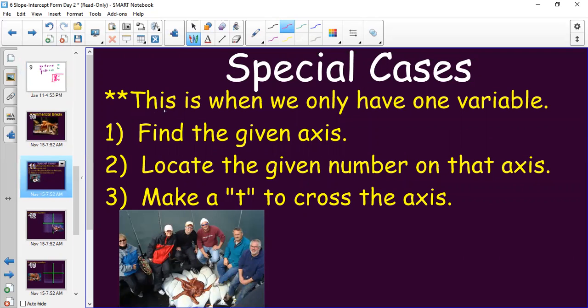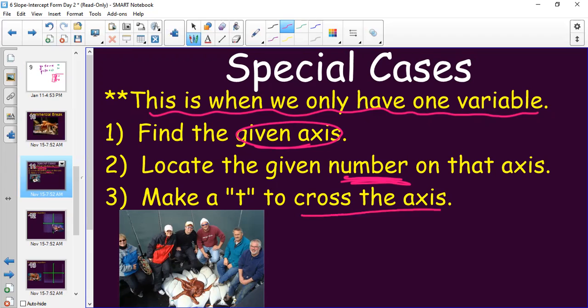Okay, so again, this is when we only have one variable. So we're going to first identify which variable it is, and find that axis. Is it the x-axis or the y-axis? Once we know what axis it is, we're then going to find that number on that axis. And last step, we are going to make a T to actually cross the axis.